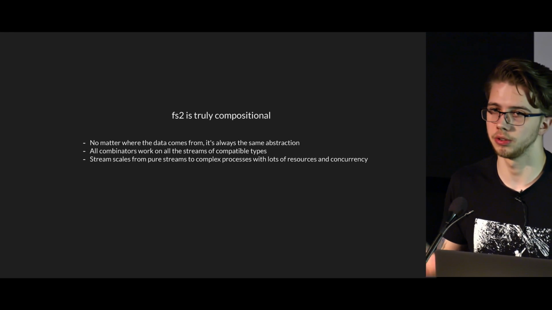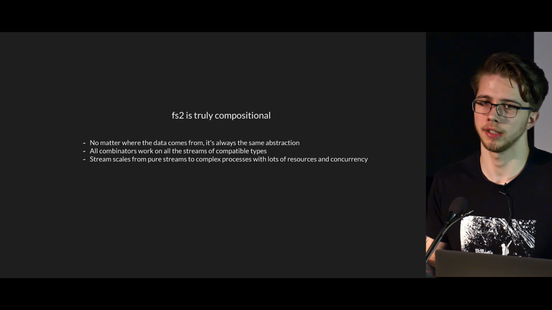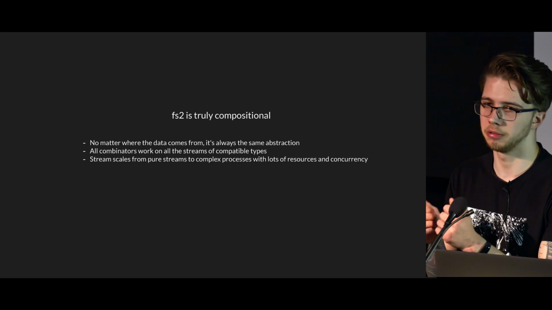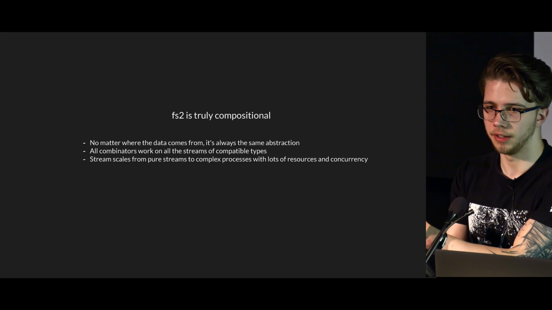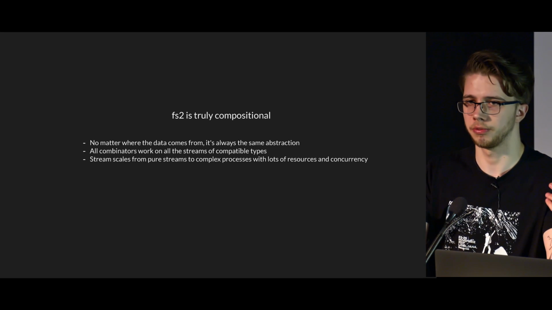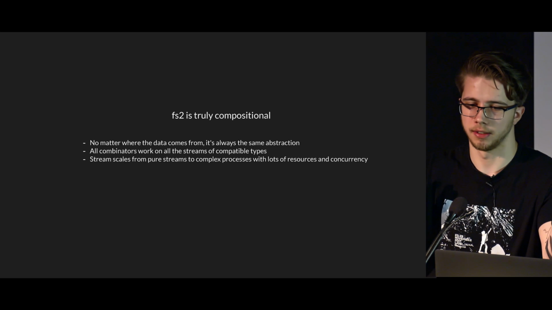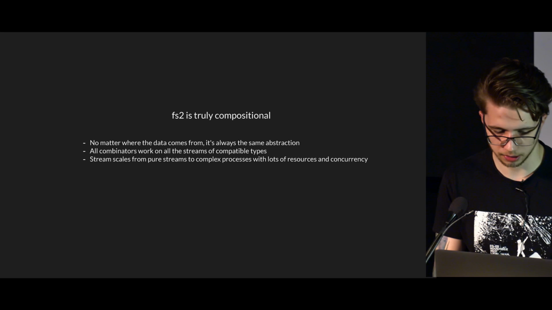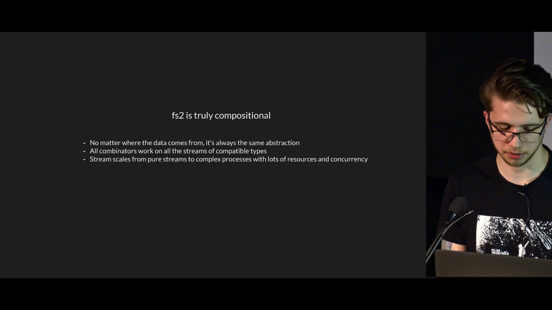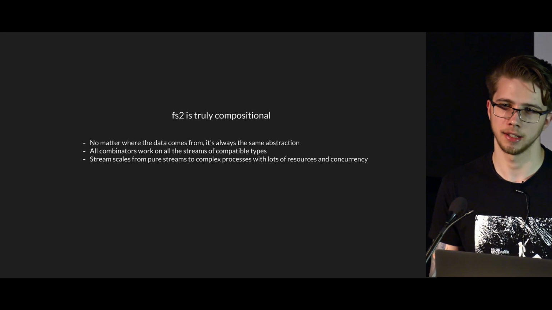You could expand that to queues. FS2 provides queues, which give you a way to push elements from a stream and take elements as a stream. And you can run that concurrently and create an echo server or a load balancing thing inside your application. The possibilities are just endless, and you still work with this one single type that does all the work for you.